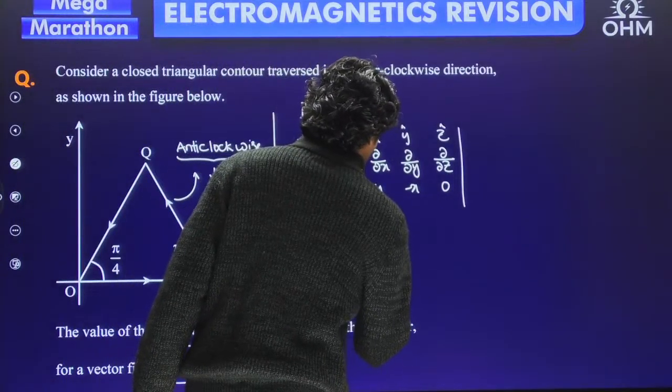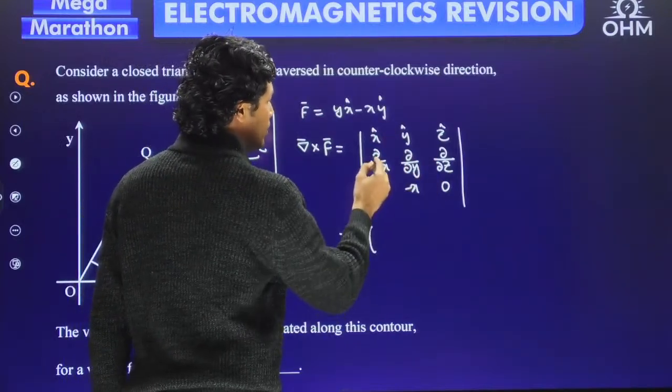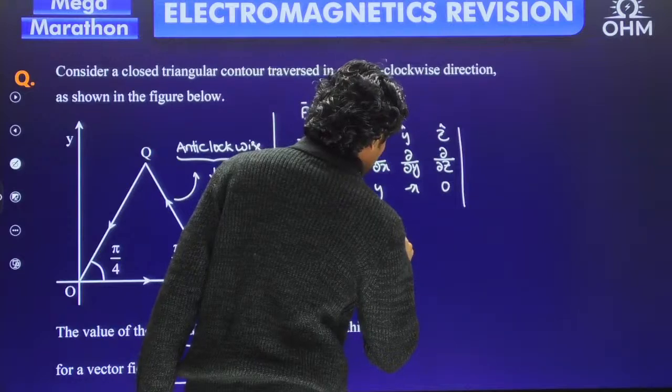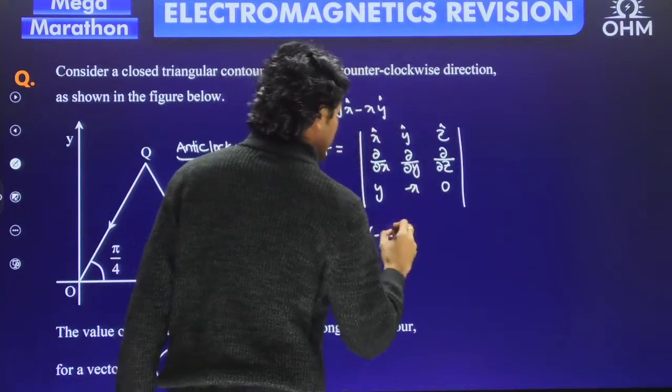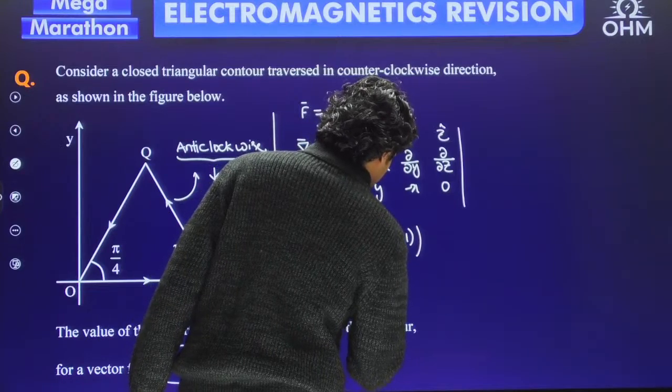So what is the z cap component here? Dou by dou x of minus x is nothing but minus 1, minus dou by dou y of y is minus 1. So finally we have here minus 2 z cap.